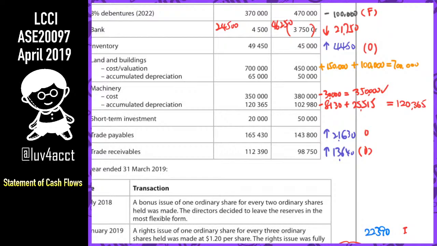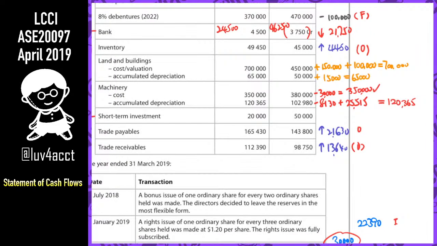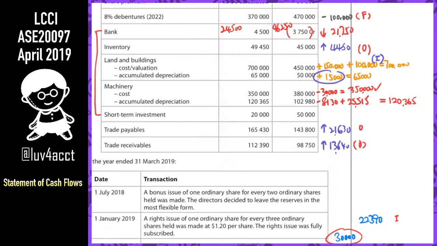How about accumulated depreciation from 50 to 65? So 15,000 is added to become 65,000. With these we know two more things: first of all, purchases, investing activities, negative, and then depreciation, 15,000 and 25515.